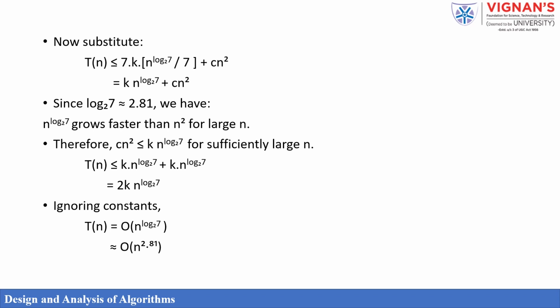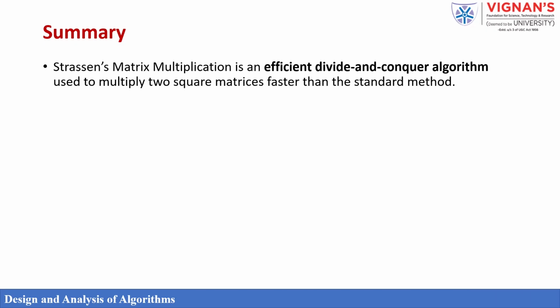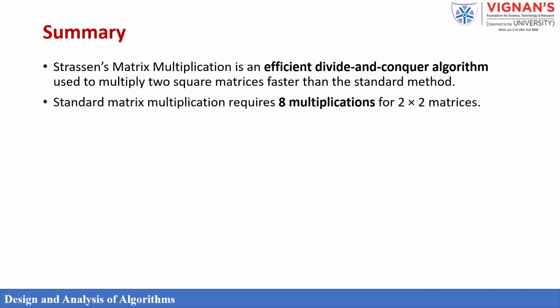To summarize, Strassen's matrix multiplication is an efficient divide and conquer algorithm used to multiply two square matrices faster than the standard method. In the standard matrix multiplication, multiplying two 2 by 2 matrices requires 8 multiplications.